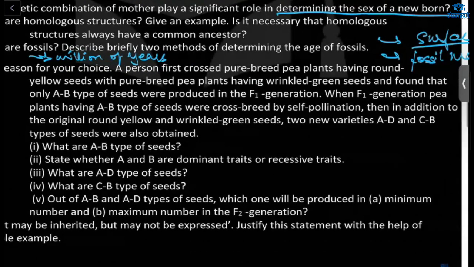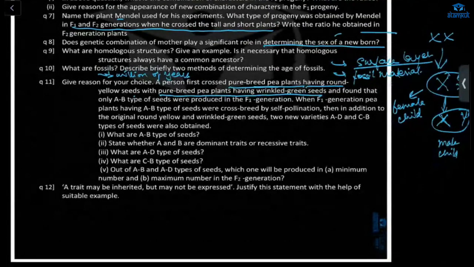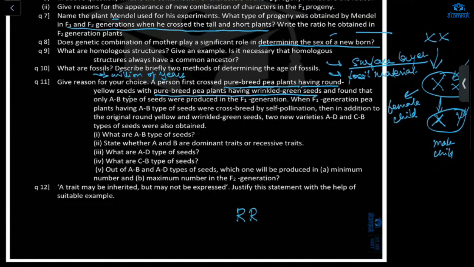Next, 11th question. Give reason for your choice. A person first crosses a pure breed pea plant having round yellow seeds with a pure breed pea plant having wrinkled green seeds. Pure breed means it is homozygous, okay? That is round yellow, and it is crossed with wrinkled green. Only AB type of seeds were produced in the F1 generation.